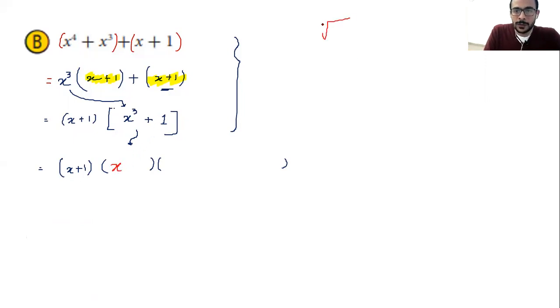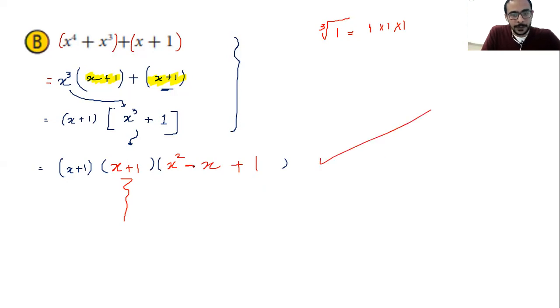What is the cubic root of 1? You can ask yourself what number multiplied by itself 3 times gives 1. Sure, 1. So plus 1. The second parenthesis: x squared, minus x, the multiplication of x and 1, plus the squaring of 1, which is 1.